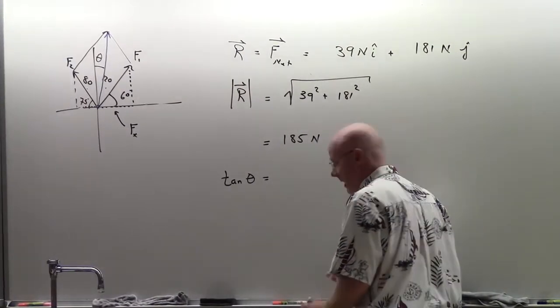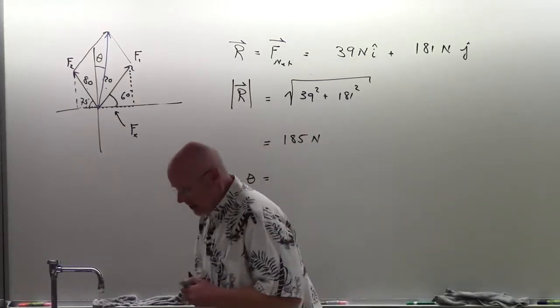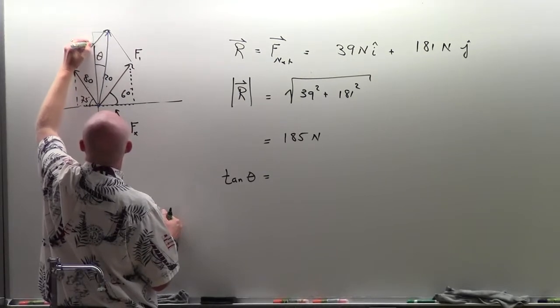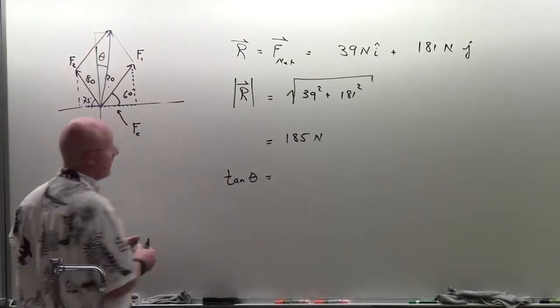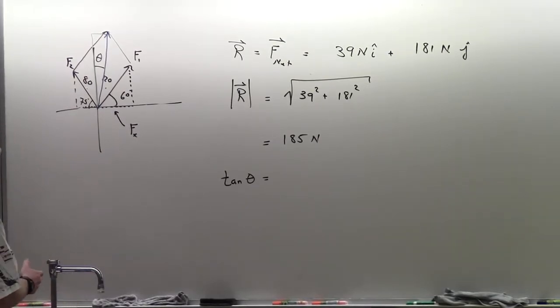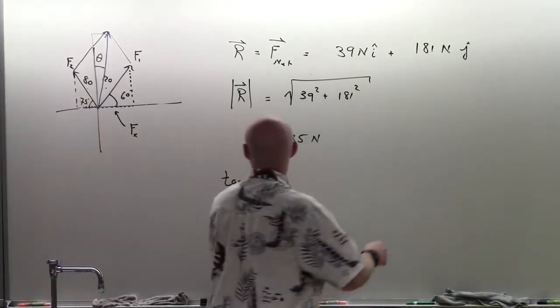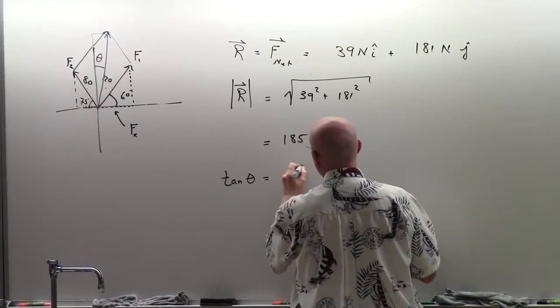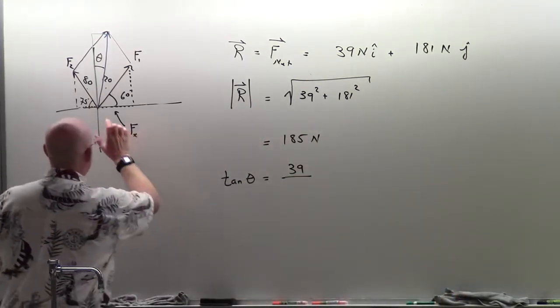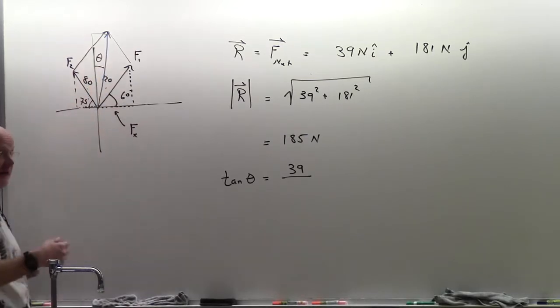And so in this case, and again, maybe it's best to see it with a different color, if I take that blue line and make a right triangle out of it on my grid here, I will then say that the tangent is the opposite piece. And so 39, although that's the x component, is the opposite of that angle.